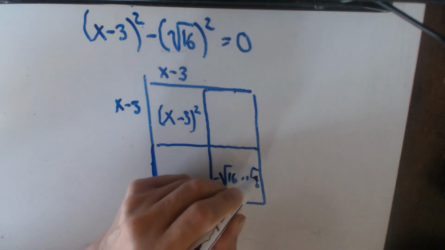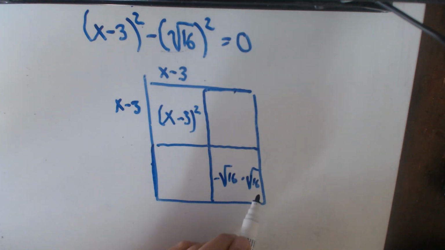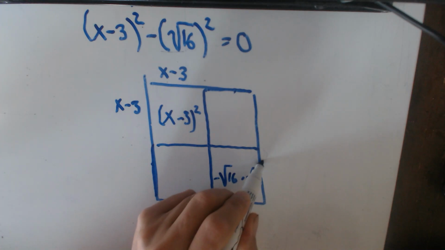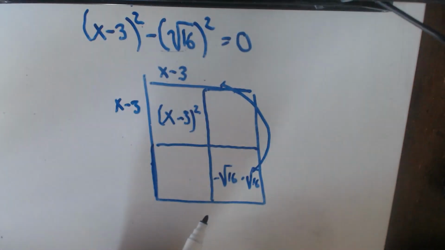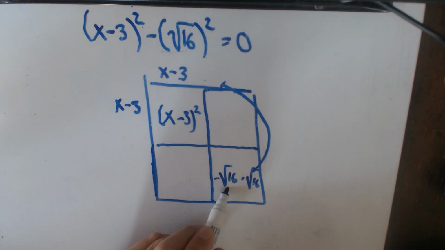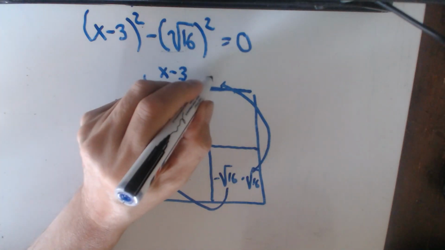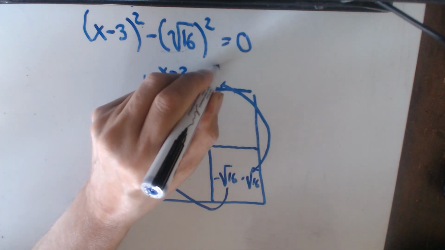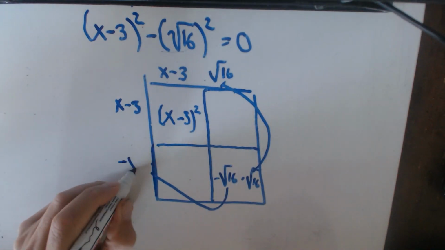So we take this one here, square root of 16 goes up there, and this factor goes to that one area. So this is square root of 16, and this is minus square root of 16.